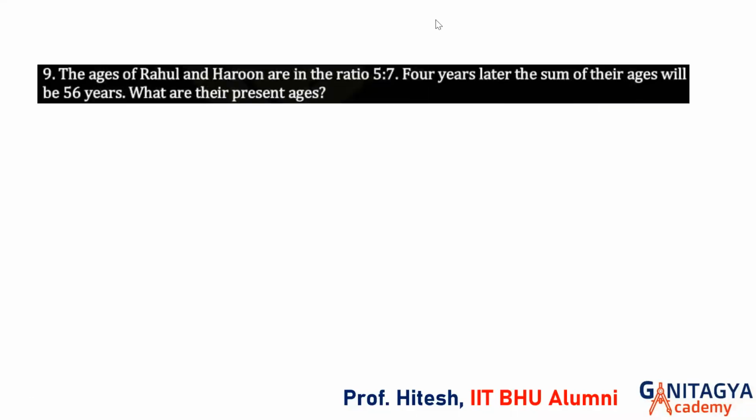The ages of Rahul and Harun are in the ratio of 5:7.